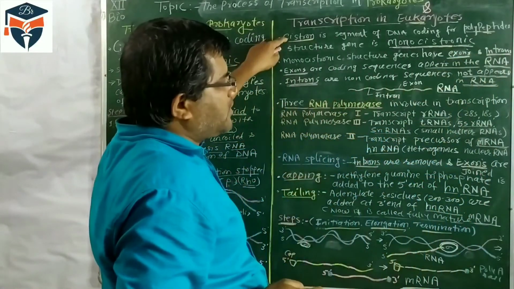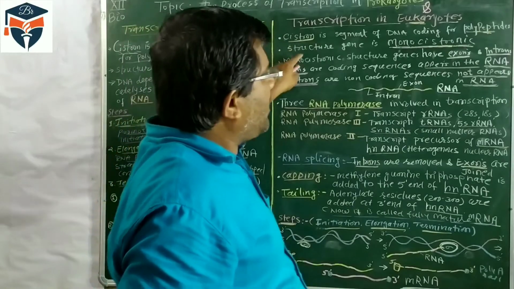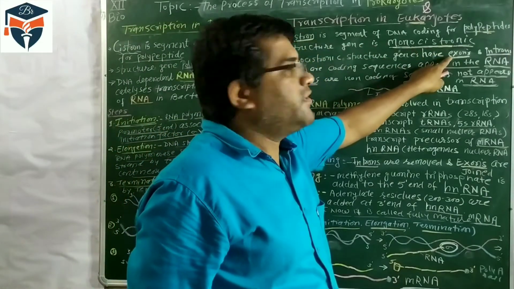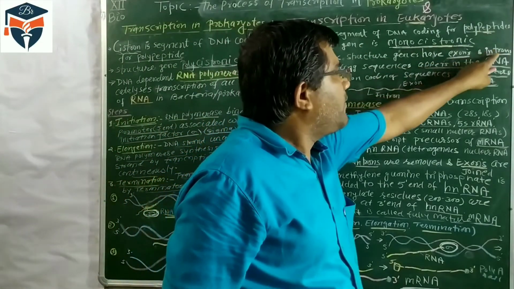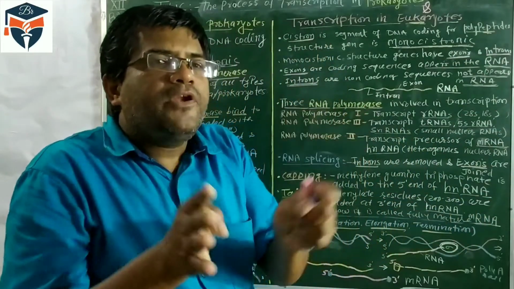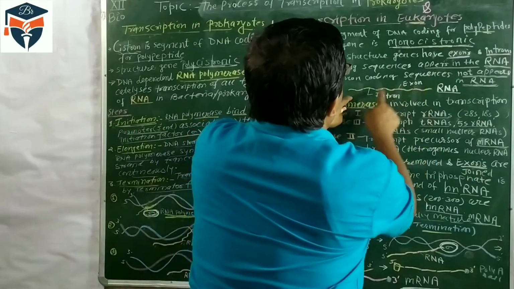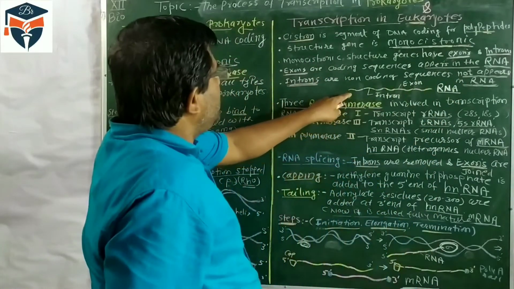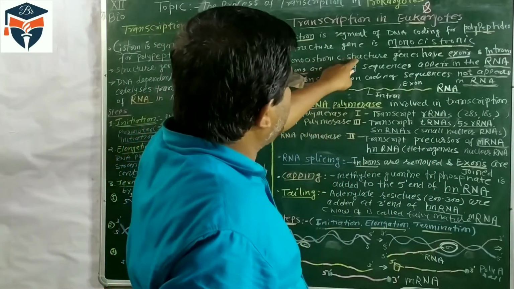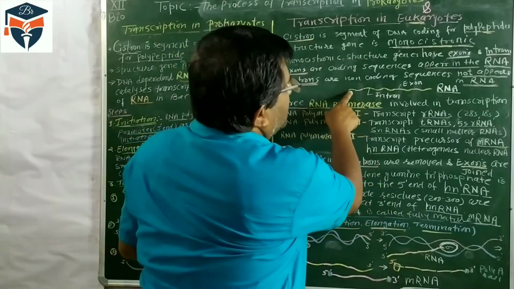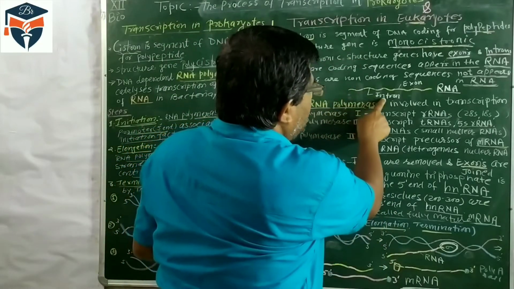In the cistron, there are two types of sequences, exon and intron, and they interrupt each other. Now you will see this is the RNA molecule I have made. In this RNA molecule, the monocistronic structure, the green color structures are the introns.